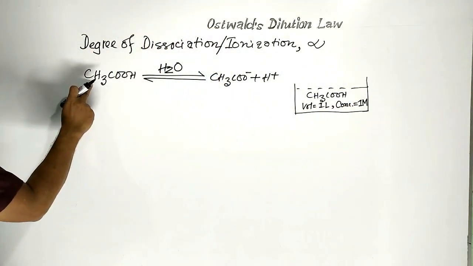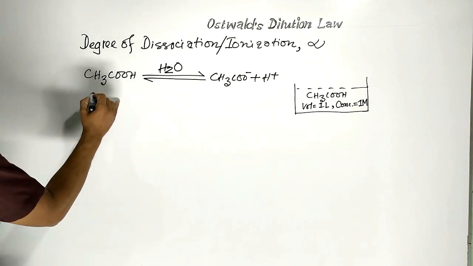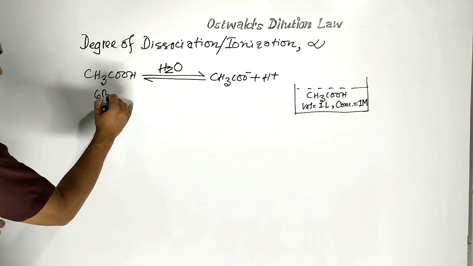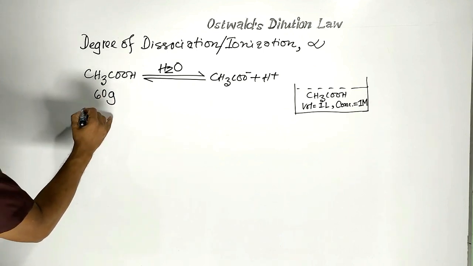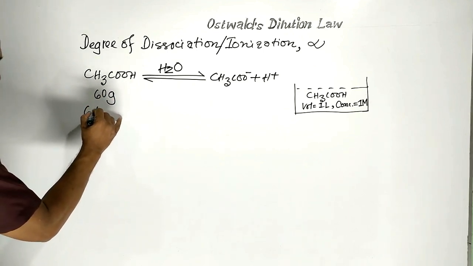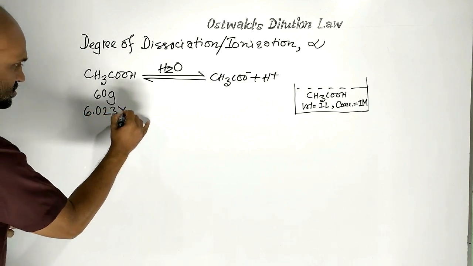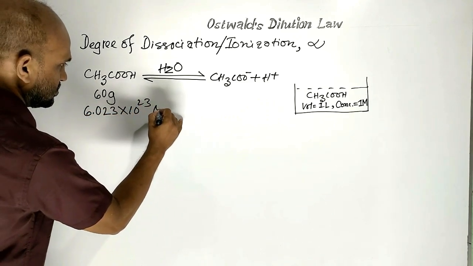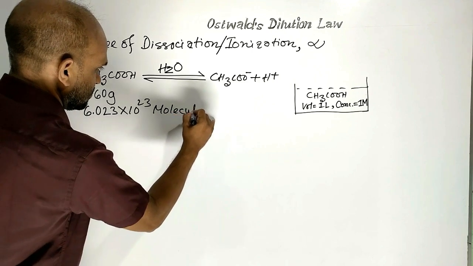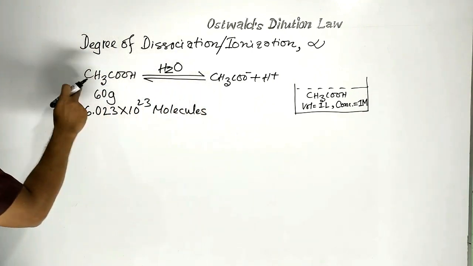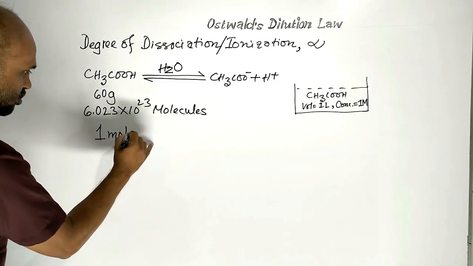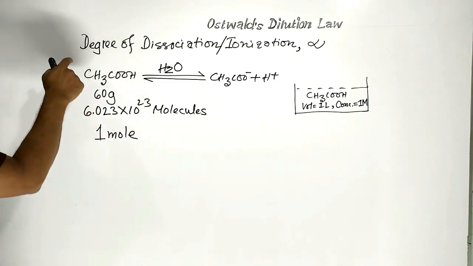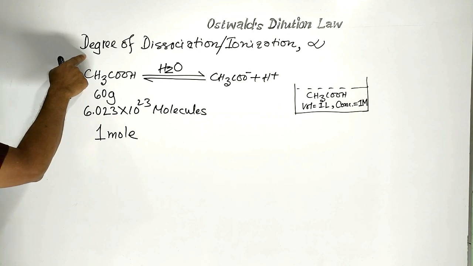That means acetic acid is 1 mole here. Gram molecular mass of acetic acid is 60 gram. 60 gram acetic acid contains Avogadro's number of molecules. Simply, here acetic acid is 1 mole. Now, what is degree of dissociation?